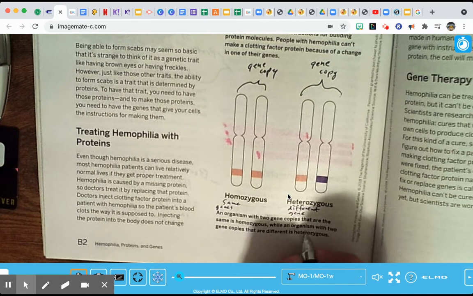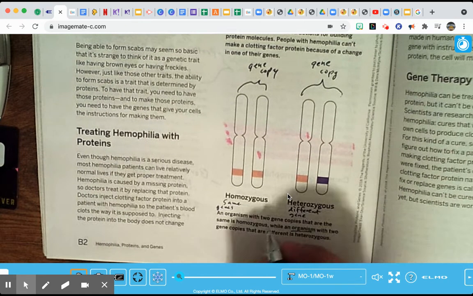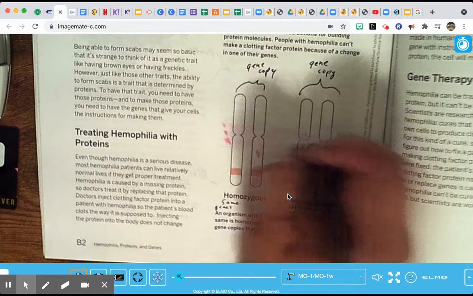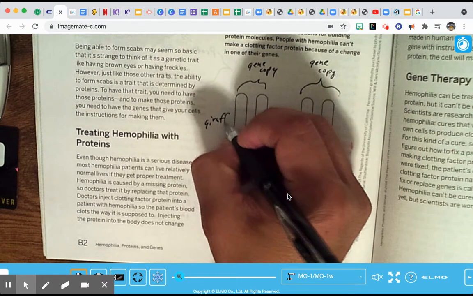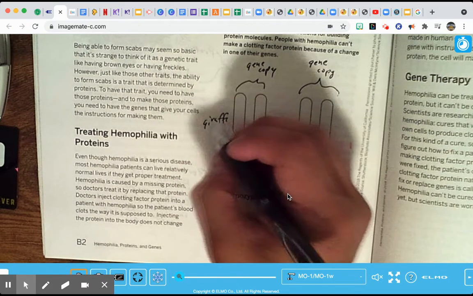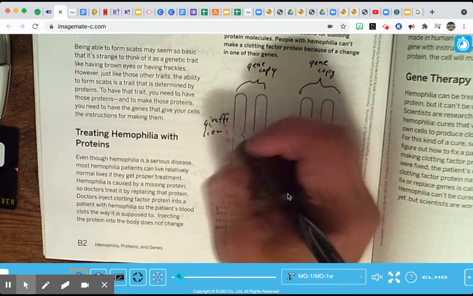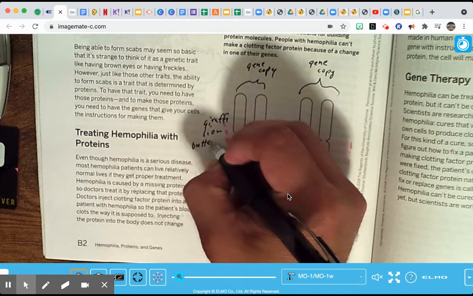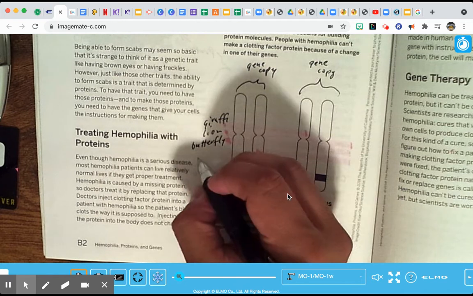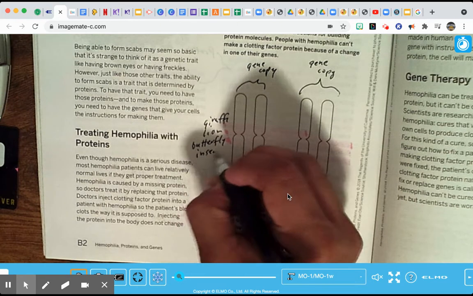You might get confused with this word organism. So an organism, this could be an organism of a giraffe. A giraffe lives and it breathes. It could be a lion. It could be a butterfly. It could be an insect. It could be a human.